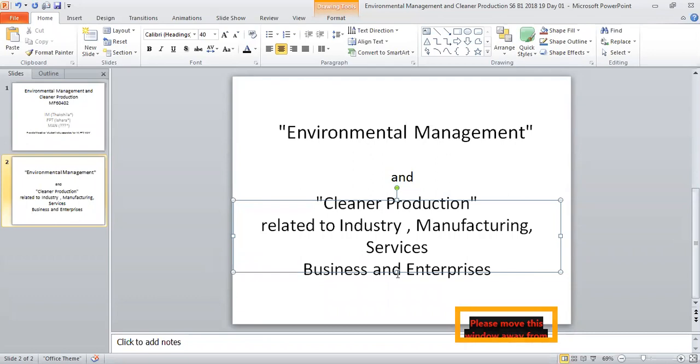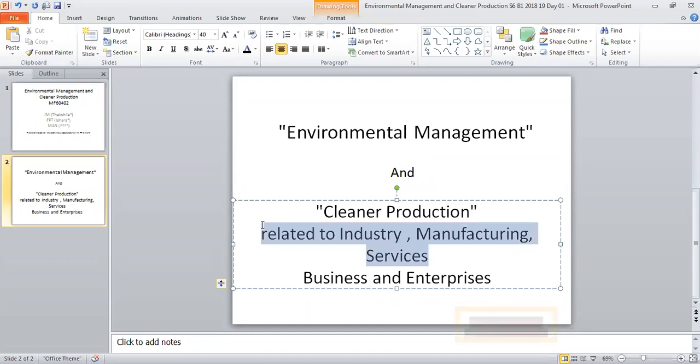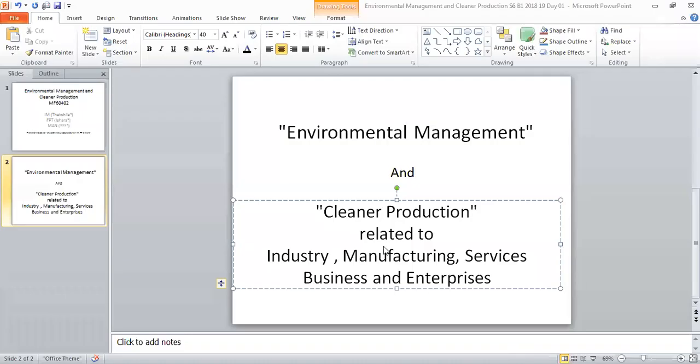I hope you can have a little understanding and imagination of this. So cleaner production is related to industry, manufacturing, services in business and enterprises.